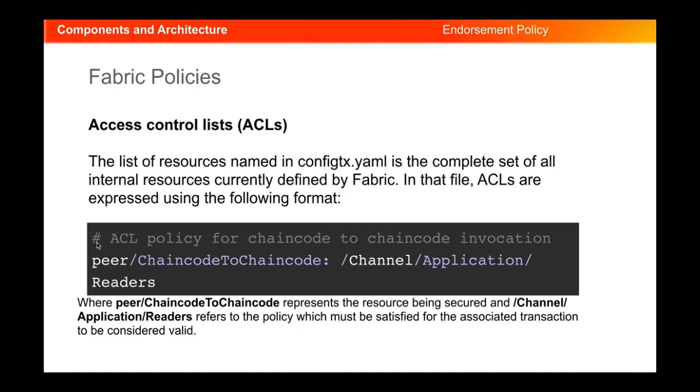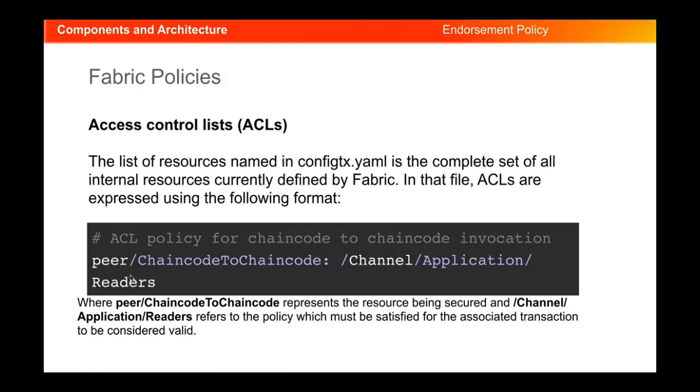This is the line that we will write as the ACL policy for chaincode to chaincode invocation. When we go to the lab section, you will see the usage and where and how we are going to write this and how it is associated with the network configuration.